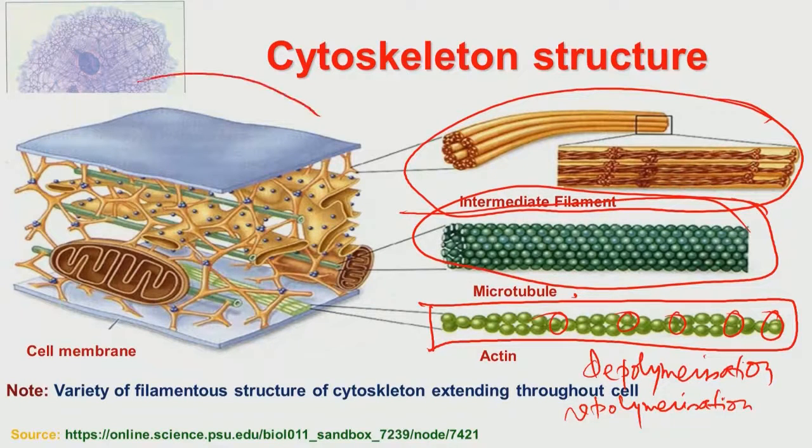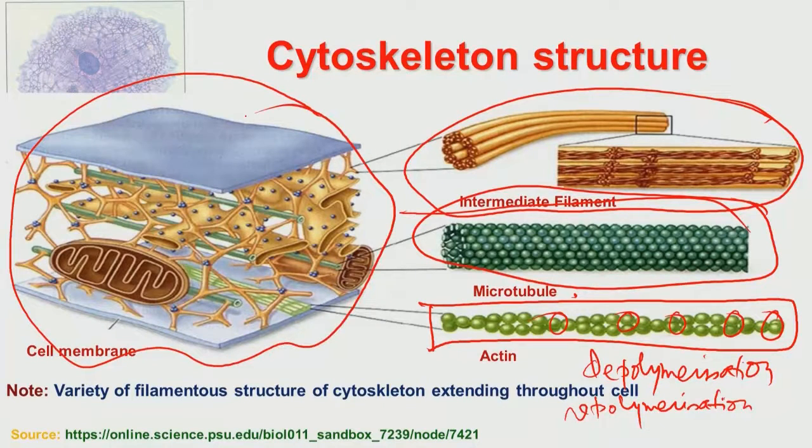Now, this has been shown very nicely in this part of the cell structure, where you can see this is your mitochondria and these are the different filamentous structures in the cytoskeleton. This is your intermediate filament, and some of the microtubules are shown here in the form of a large tubular structure, and also you have the actin filamentous structure.